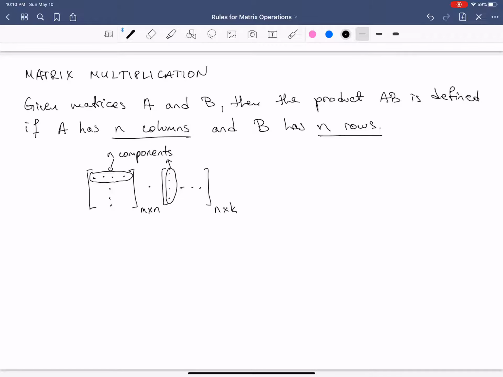Why would this be the requirement? Well, if you remember, let's think of the matrix here as multiplying just one column. If you did it row by column, you want the number of components in each row to match the number of components in each column so that you can actually carry out the dot product.